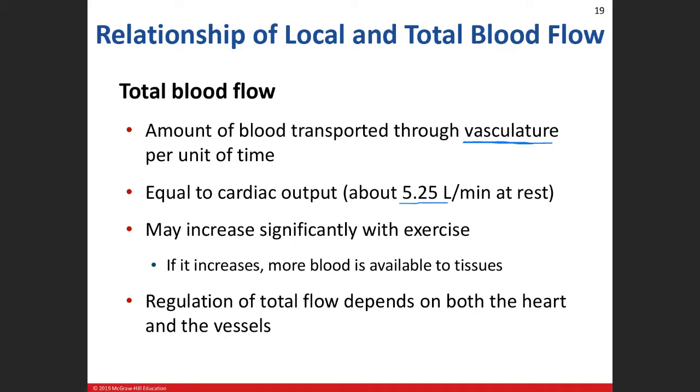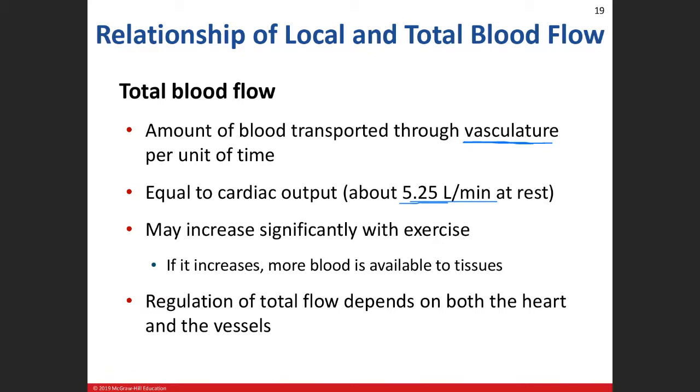That is the average cardiac output. So that's going to be your total blood flow. Cardiac output is basically you pumping the entire circulatory volume of your blood throughout your body in 1 minute. That's pretty good.